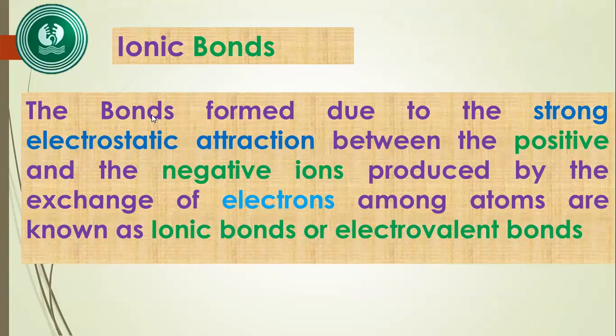You know, sodium is the monopositive cation and chloride is the mononegative anion. Between these ions, there is a very strong electrostatic attraction. Due to that attraction, the bond is formed. That bond we call the ionic bond. So another name is electrovalent bond.